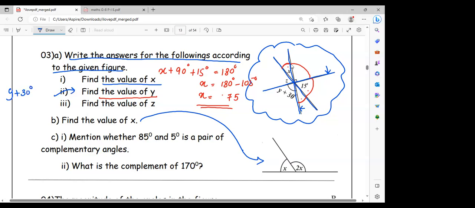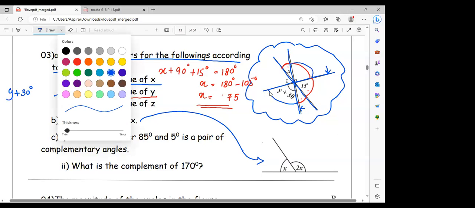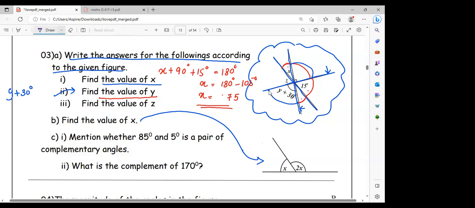That means this angle and this angle. So if I show it in a different color, look at this purple color angle and this purple color angle, this one. They are vertically opposite angles.